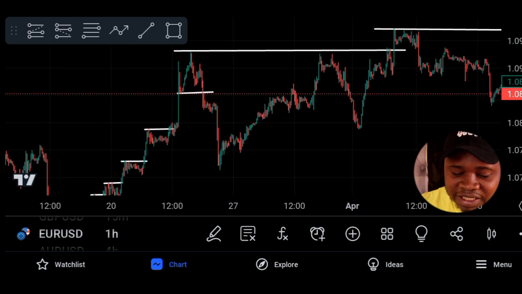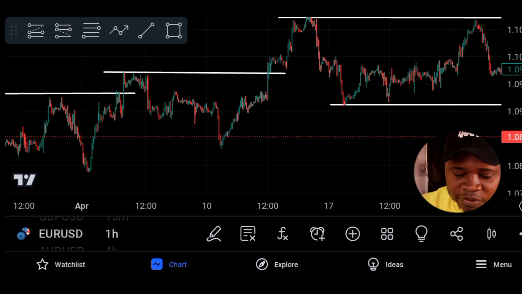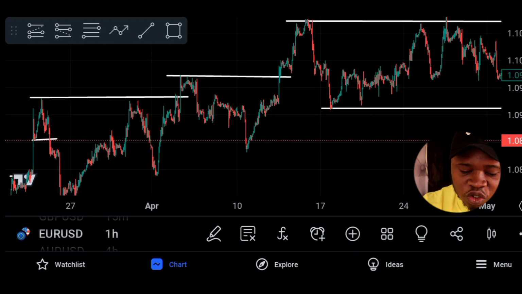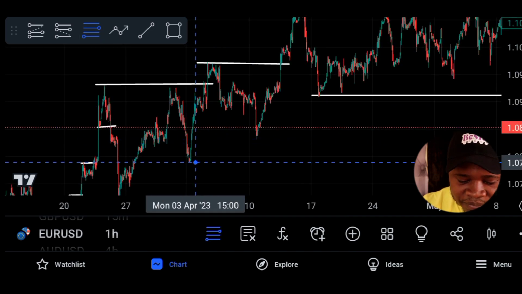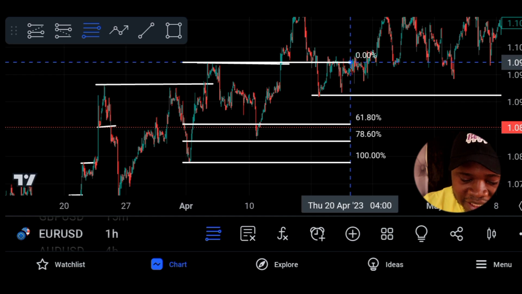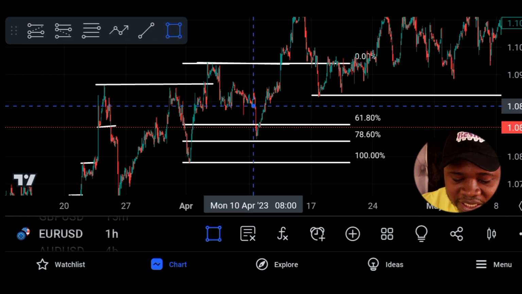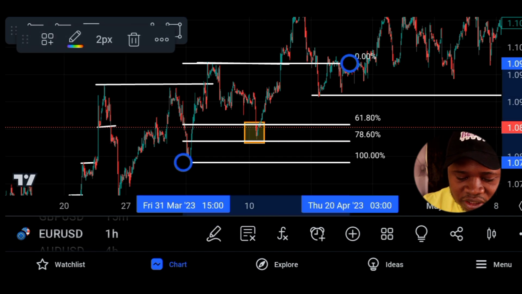Now after the double C, the market continued going to the upside. So if you observe, we started creating other structures to the upside. If you plot your fib from this zone and take it up, we will observe that the market came to the 618 and 78 levels. See, it came in there and bought.